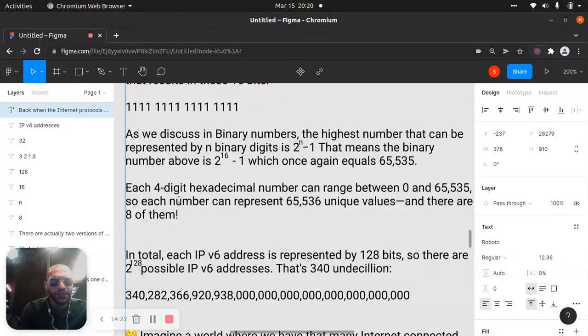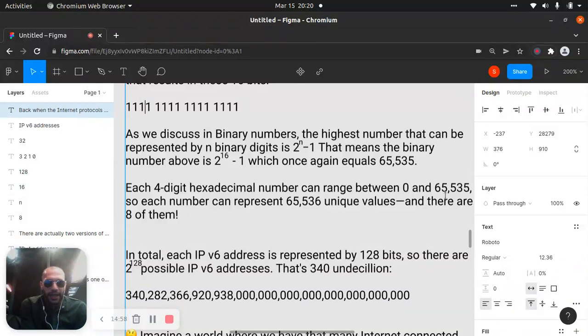Let's look here. Each 4-digit hexadecimal number can range between 0 and 65,535. Look, this is very important. Each number can represent 65,536 unique values, and there are 8 of them.